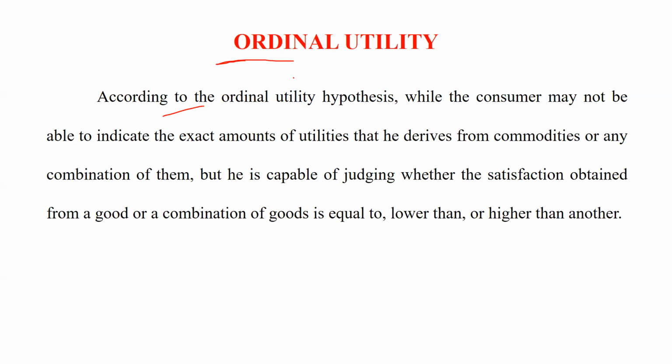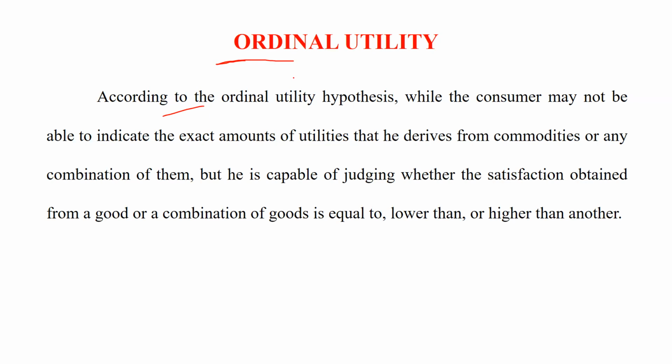That means as per ordinal utility, you can rank your satisfaction. But as per cardinal utility, we said we can measure it in terms of numbers. If I put the same basket of commodities in the form of cardinal utility, I can say the pastry is giving me 6 utils, the unit of utility in cardinal utility. I have got 6 utils of satisfaction.